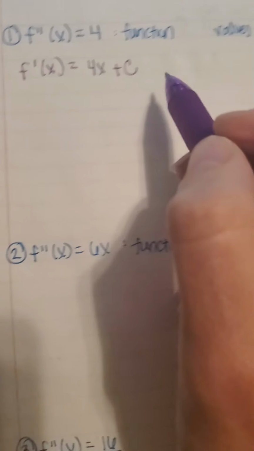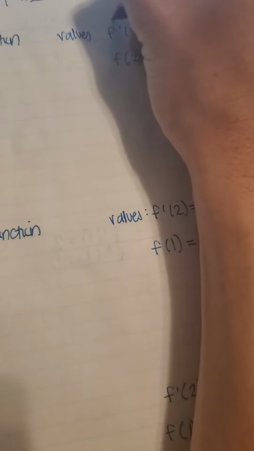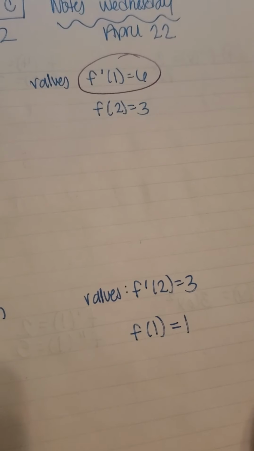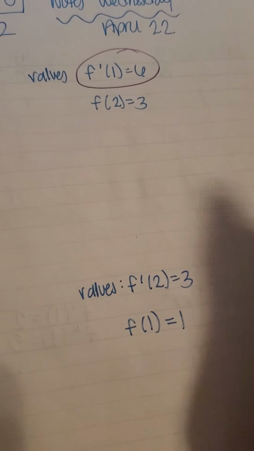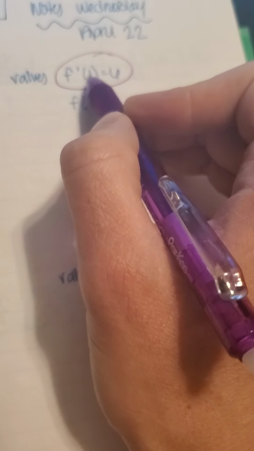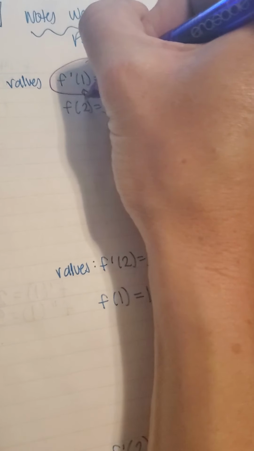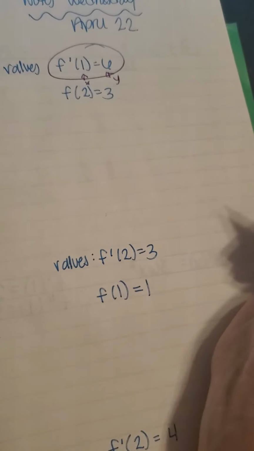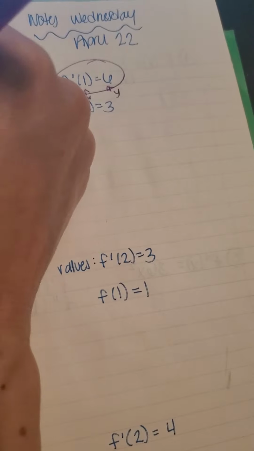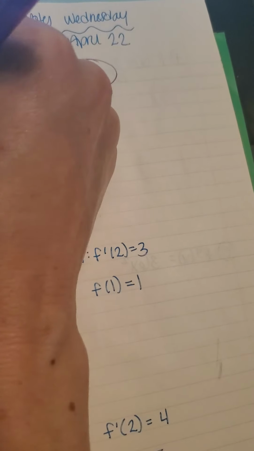Then when I go and look over here, I want to use the information that talks about what happens at f prime at 1 equals 6. So now it's saying there's my x value, right? This is my x, and that's my y. So 6 is going to equal 4 times 1 plus c.